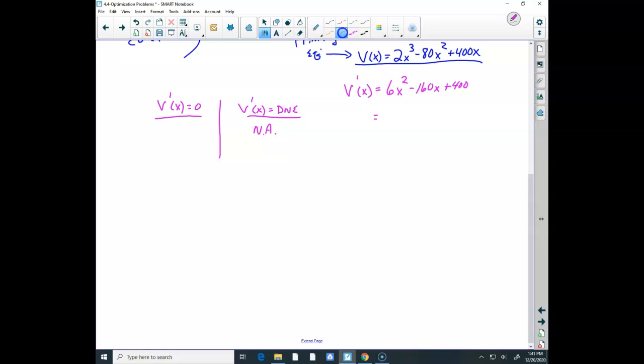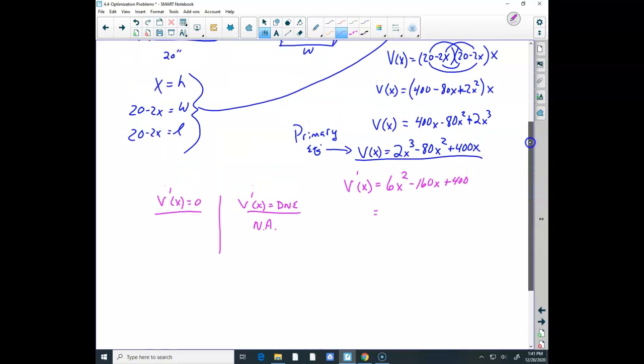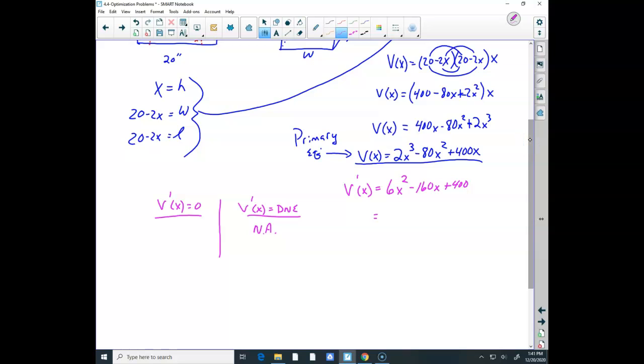Oh boy, back up the train here, Kruger. You got this all screwed up. We're going to back it up, because negative 2x times negative 2x, that's 4x squared, is it not? So all those have to change to 4s. Hate to back up the train like this, but I need to, because I screwed it up.